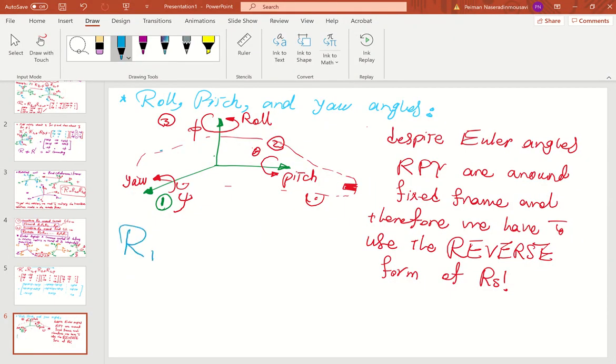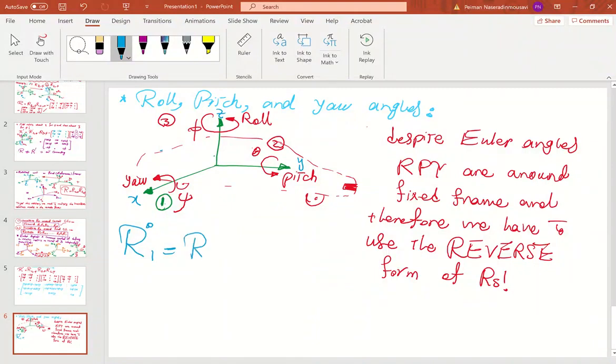So if I want to say what is the final rotation with respect to the fixed coordinate system, it's not 1, 2, 3. You have to go back. If this is x, y and z, that's right, you have to say 3, 2, 1.